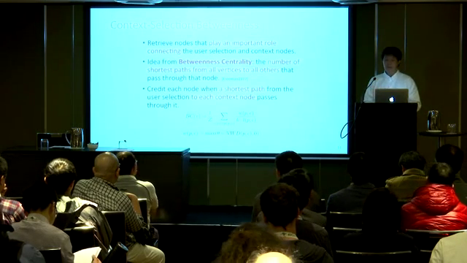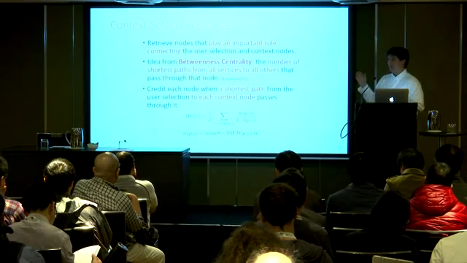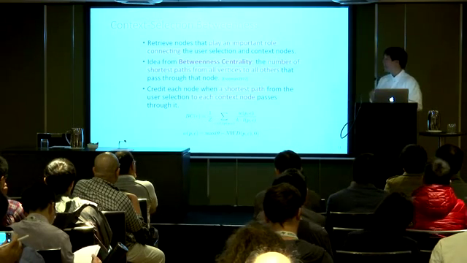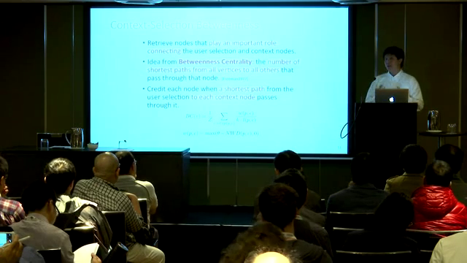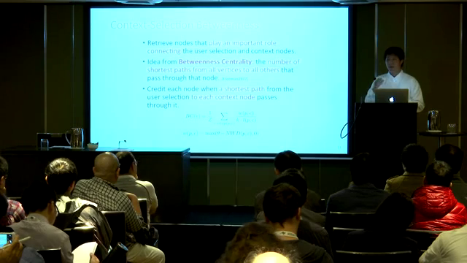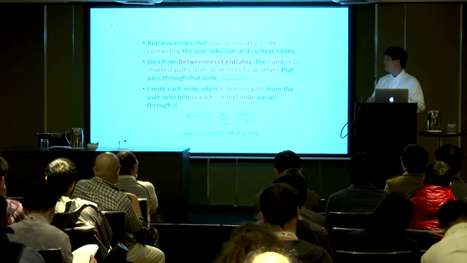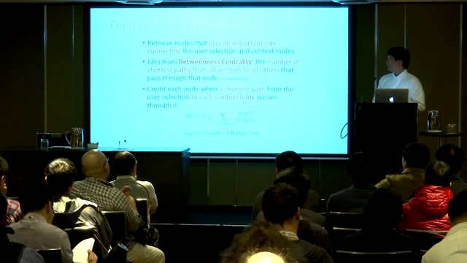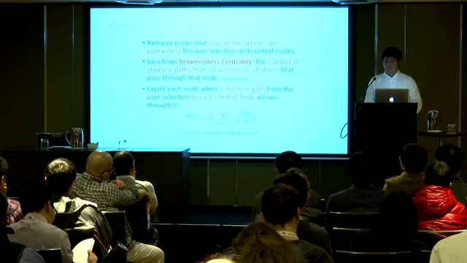In our case, we do not need to care about all the shortest paths from all vertices to all others, but we are interested in the shortest path connecting each context node and the user selection. So we just modify the summation part, and we can borrow the idea of betweenness centrality.